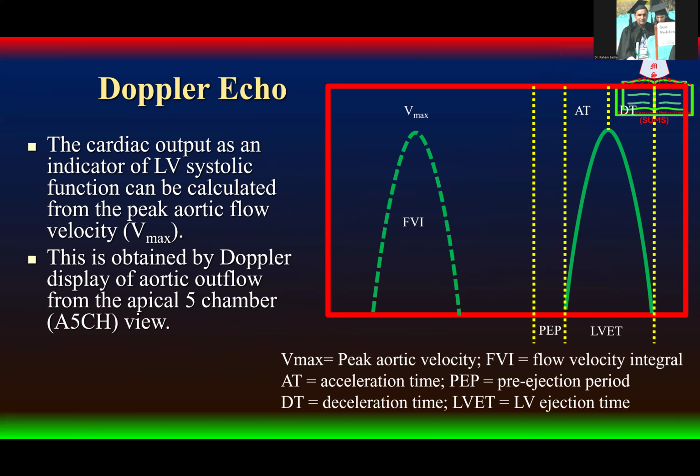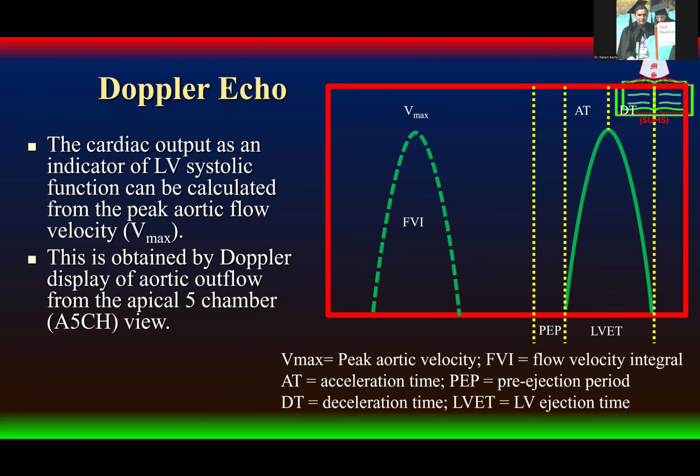If we get an apical 5-chamber view, including two atria, two ventricles, and one chamber will appear like the left ventricular outflow, that will be the aorta. So we'll place our sample volume in the aorta, along with the angle correction. It is most important that the angle should be corrected, right?